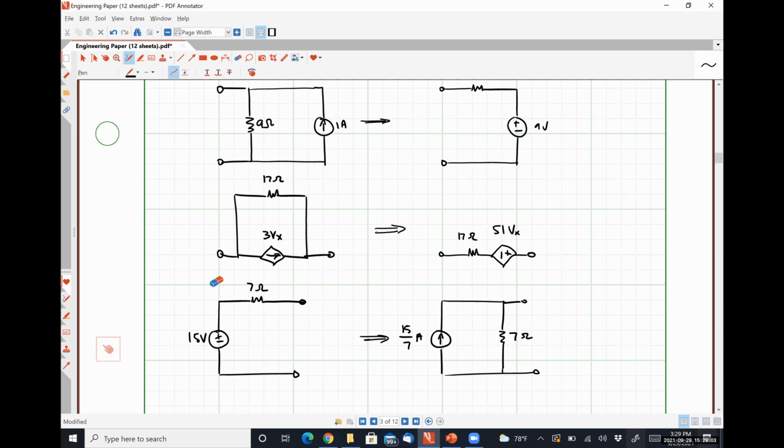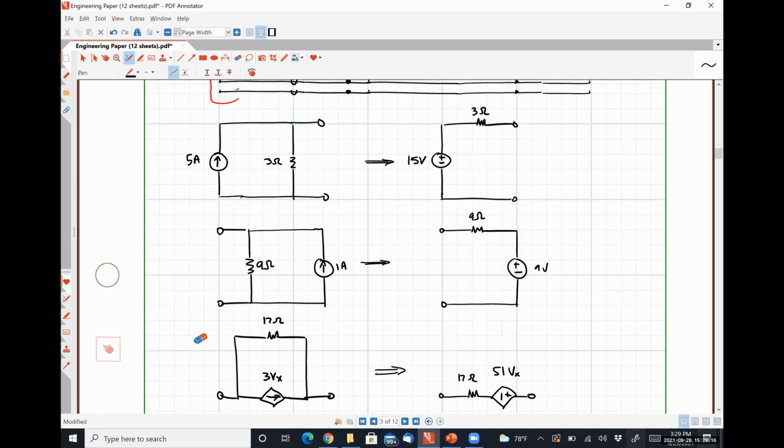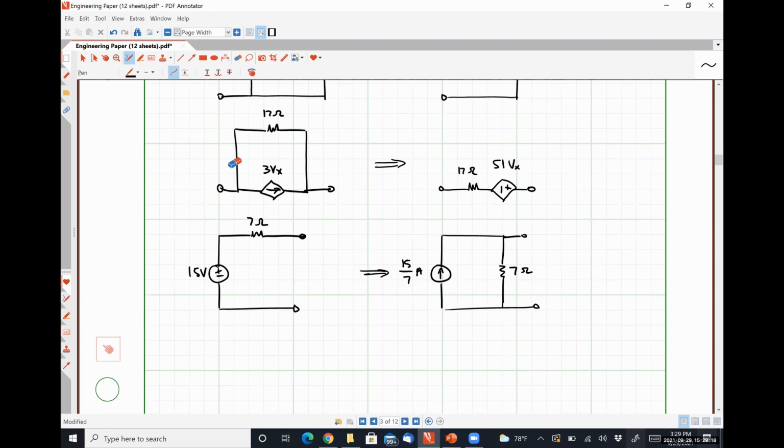Justin, what did you do after you made 15/7 amps in parallel with 7 ohms? I combined the 7 ohm resistors together to make a 3.5 ohm resistor. And then I did one last source transformation. So I'll write that one down.